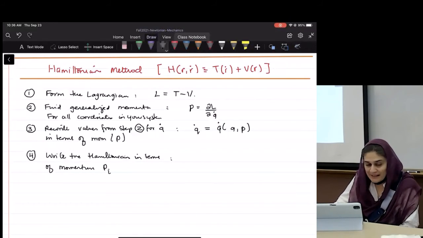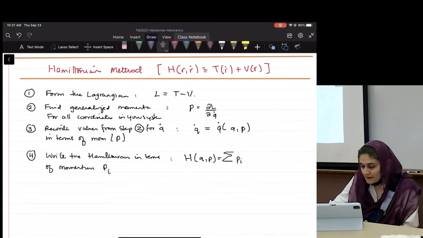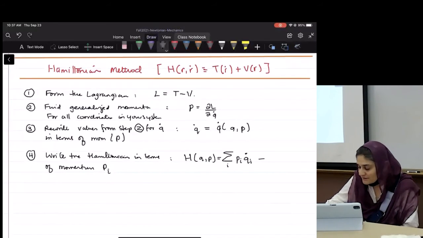And the expression for that is H as a function of Q and P will be given by the sum over i of P_i Q_i dot, where i is what we're summing over, minus L(Q, P_i).